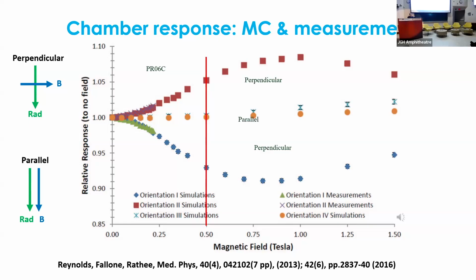Okay, in determining that prescription, you need ion chambers. So it's called commissioning or quality control. Here's a typical ion chamber, which is affected by the magnetic field. This is the relative response to the magnetic field. As the magnetic field increases from 0 to 1.5, you notice that the dose changes by as much as 10% depending on the magnetic field.